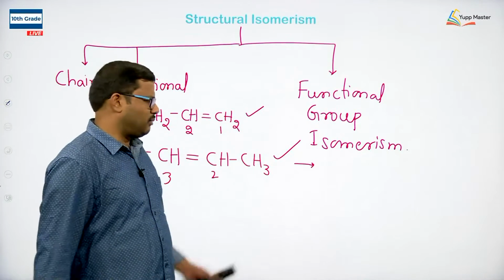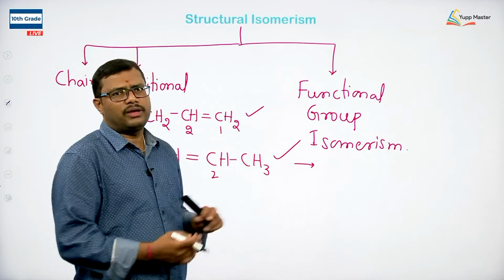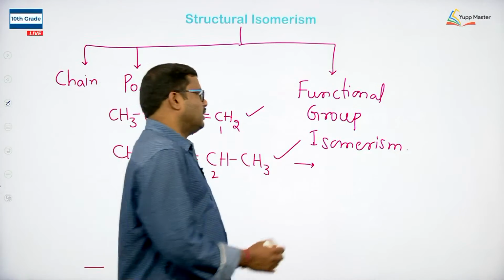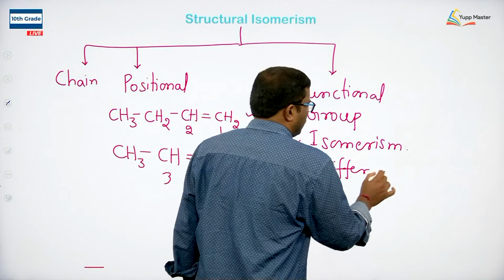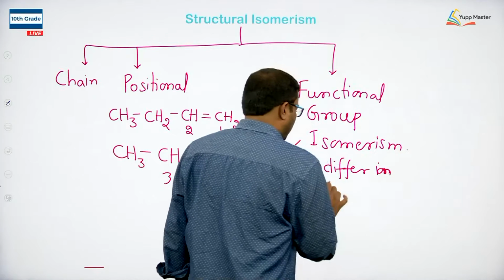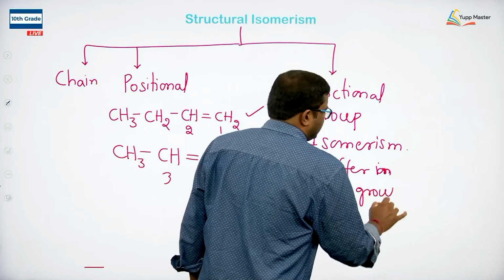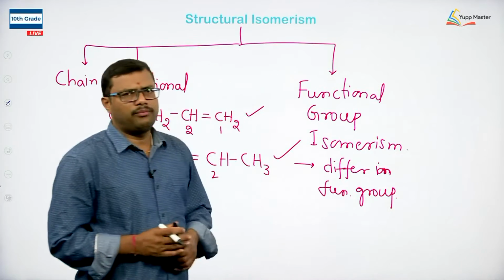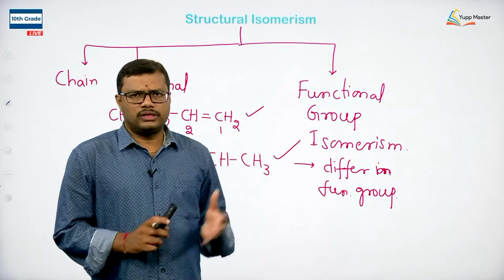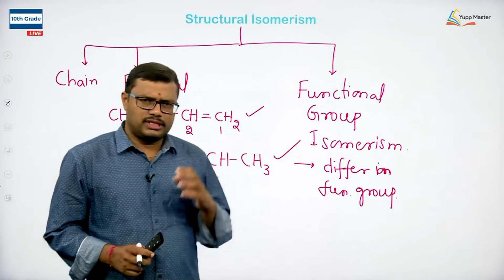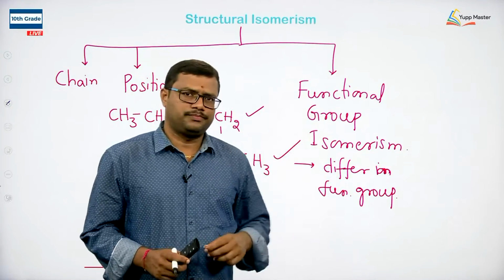I am not writing the same chemical formula, I am just writing the difference we come across in this kind of isomers. The functional group present in the organic compound will decide the isomerism here. These are compounds which have the same chemical formula, but different functional groups.